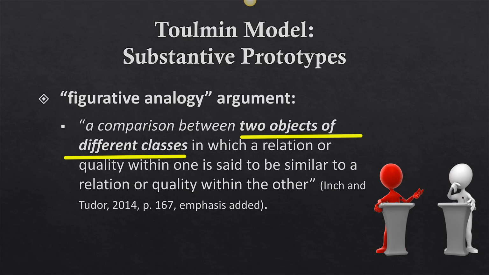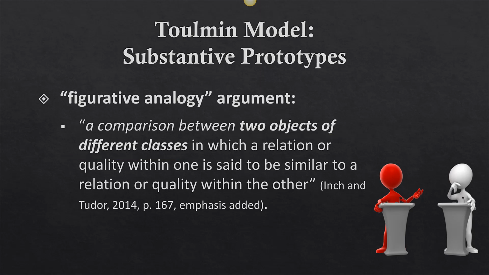In the previous example of a parallel case argument, we were comparing two things that were similar because they belong within that larger class of items. In a true analogy, we are not comparing similar objects. We're comparing relationships or qualities that exist between objects that are very dissimilar.